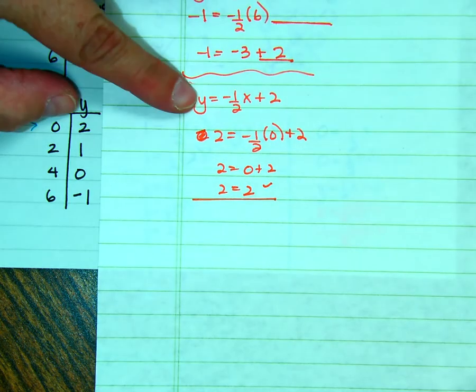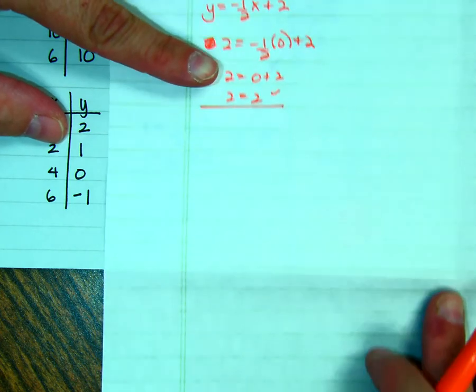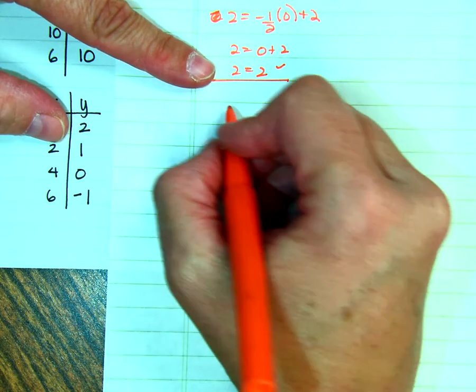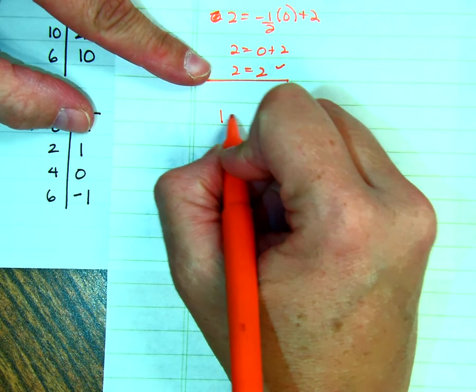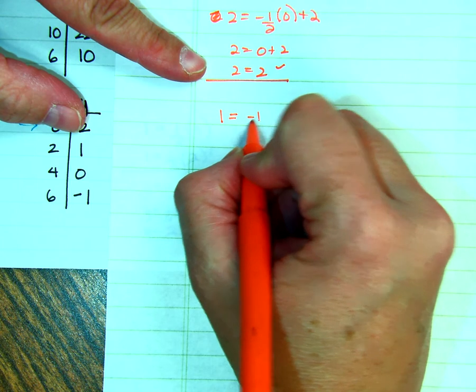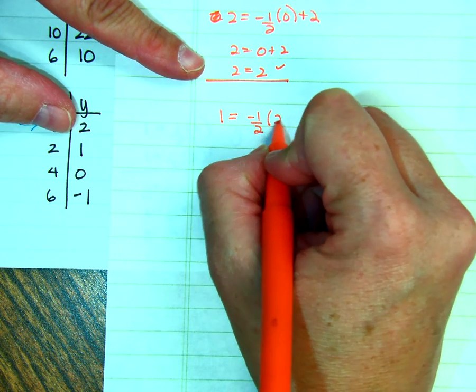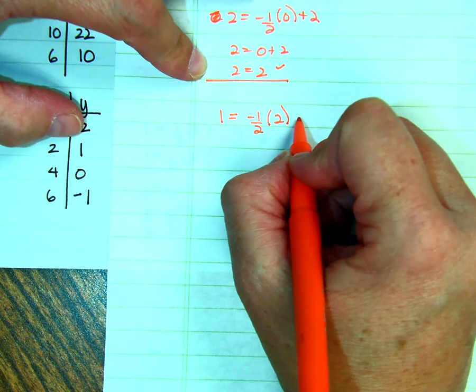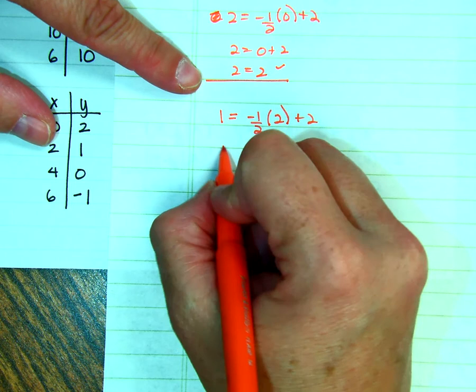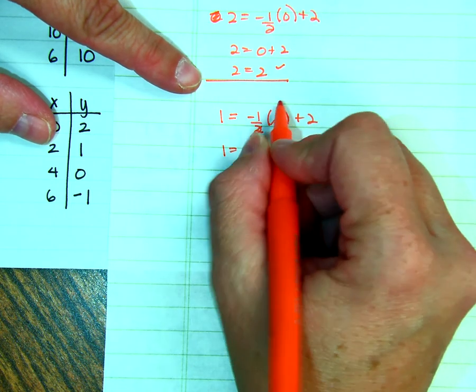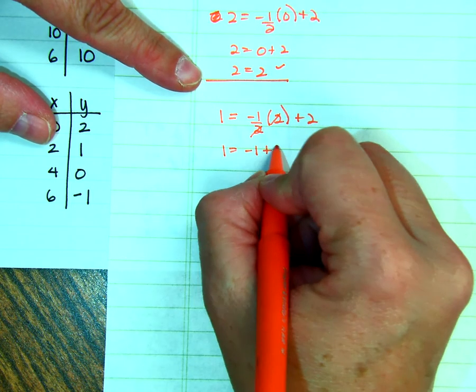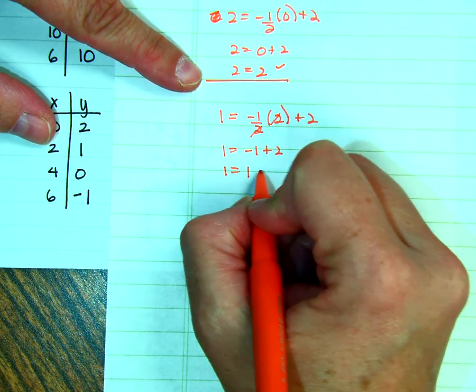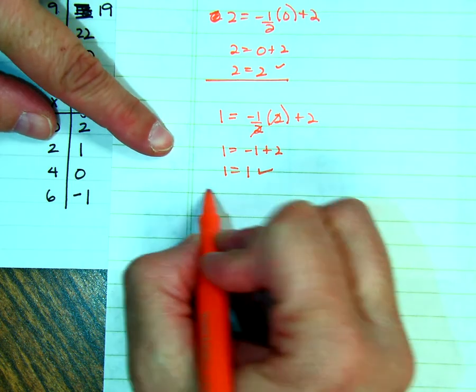Let's see if this same rule works for 2 and 1. Move my paper up. So I have the output of 1 equals -1/2 times my input, and I said adding 2. Those cancel. Gives me -1 plus 2. I get 1 equals 1. It works for that one.